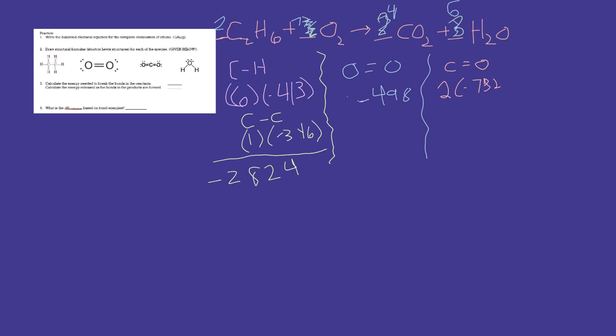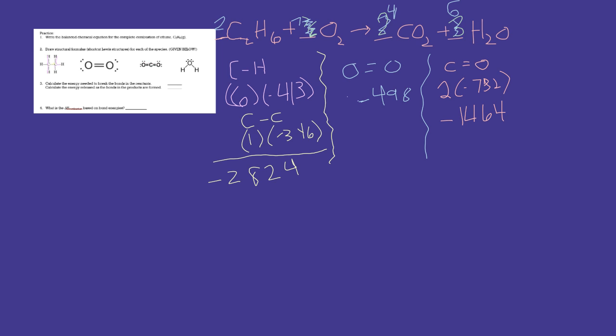So 2 times negative 732, which is negative 1464.